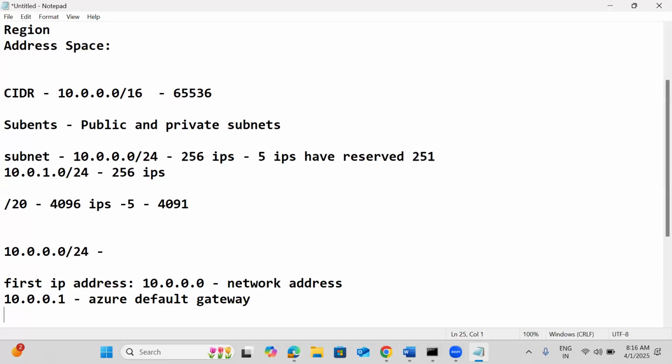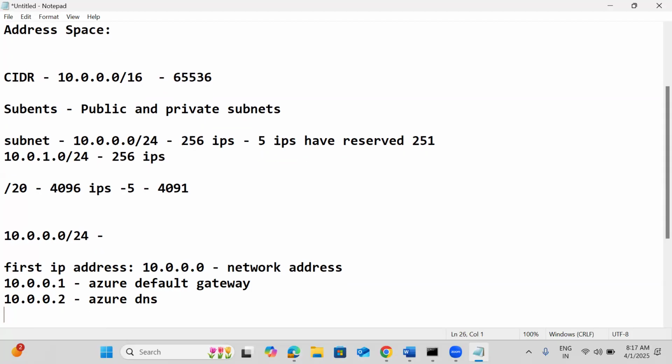So that is the default gateway that is reserved. The third IP address is 10.0.0.2, used for internal DNS purposes. So the first one is the network address, the second is the default gateway, and the third is Azure DNS.